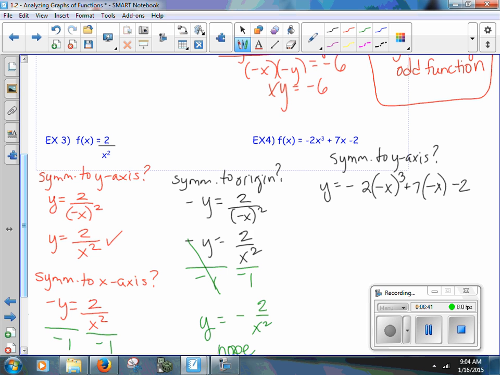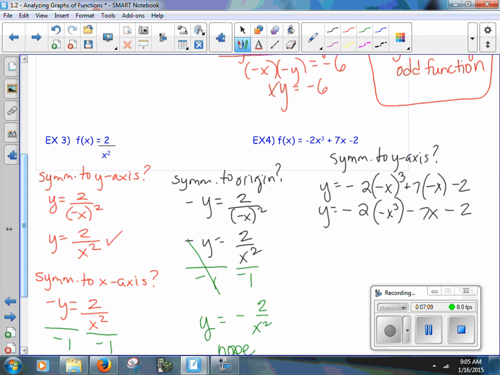Everybody cool? All right, what is negative 2 times, what's negative x times negative x? Positive x squared. What's positive x squared times negative x? Negative x cubed, right? What's 7 times negative x? Negative 7x. Do I need to go any farther with this?